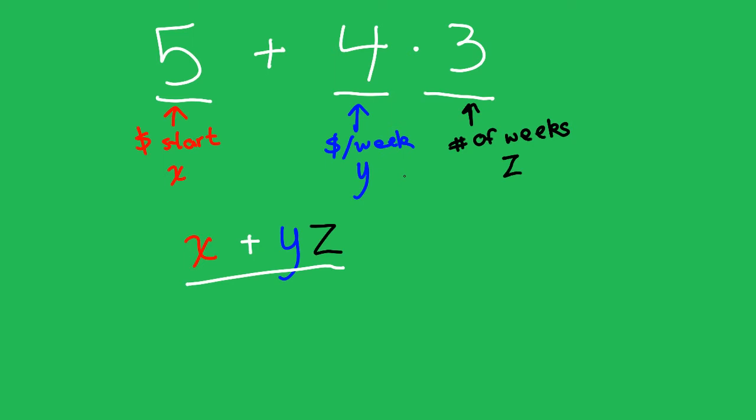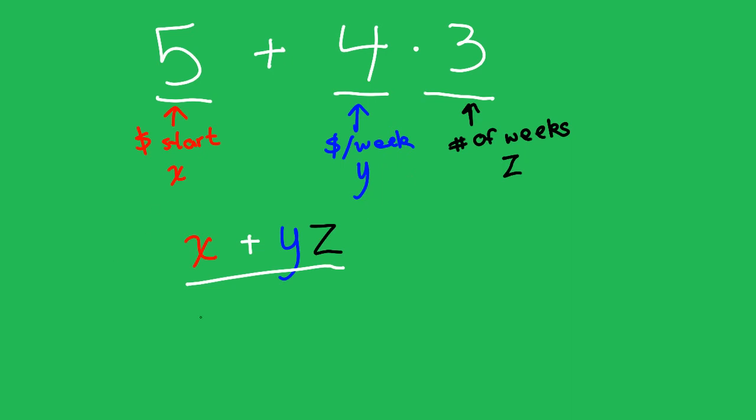What might be more useful is if you only had one variable and set the other numbers to be constant. So let's say you wanted to show how the amount of money you've saved changes over time, or the number of weeks you've been saving. So then you make z your variable and set the other numbers to be constant to the numbers we had up there.